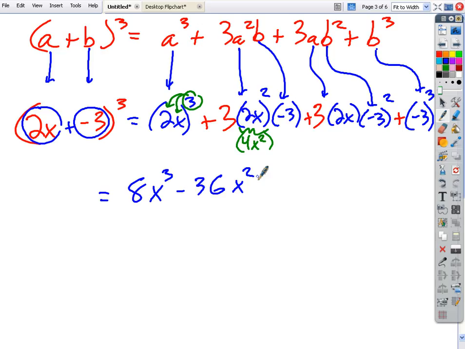What is -3 squared? +9. Okay, good. So that one's going to be 3 times 2 is 6 times 9, 54 is the number part. And then I just get an x, right? And then finally, -3 cubed. -27.